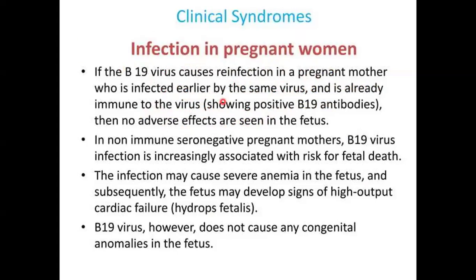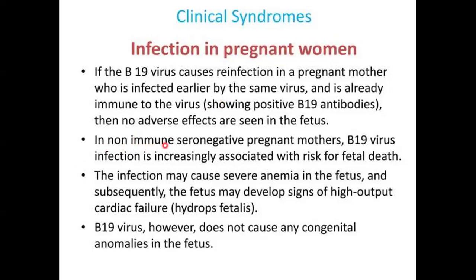What this sentence means is, when you get B19, remember we said you'll have the flu-like symptoms, then your body will kick in. So you'll start getting antibodies against the virus. But when you have antibodies against the virus, and then you get it again when you're pregnant, the fetus will be okay. There are no adverse effects on the fetus.